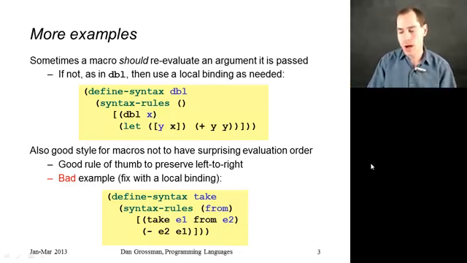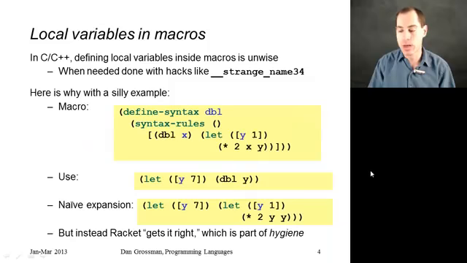Okay, so I'm recommending for issues like you see on this slide, putting local variables in your macros. Those of you that have perhaps done a lot of programming with C and C++ macros might be really upset that I'm doing that. Because in those languages, it's usually very unwise to put local variables inside of your macros.